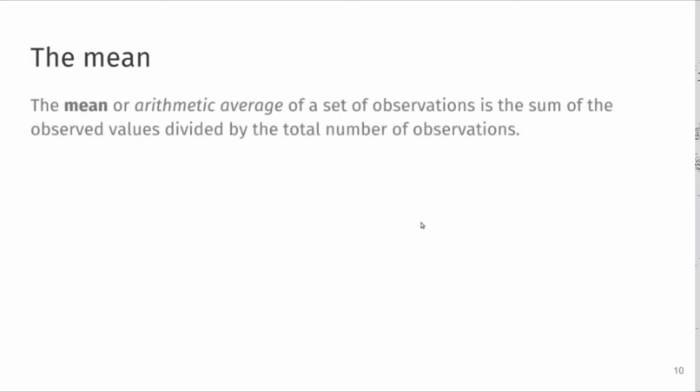Just to give some more formal definitions here, the mean is sometimes called the arithmetic average. There are different kinds of averages that we won't be using, but usually average is sufficient to describe this term. So the mean or average of a set of observations is the sum of the observed values divided by the total number of observations.